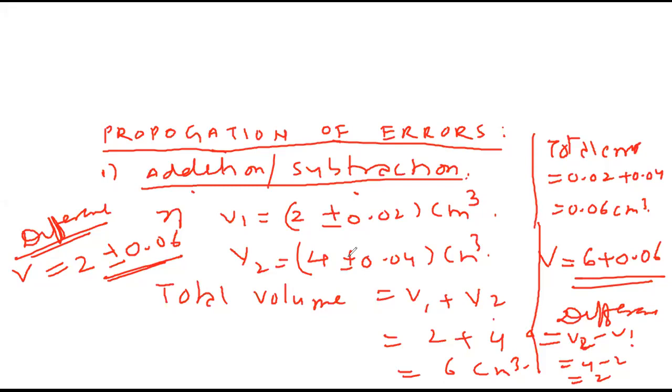So V should be equal to 6 plus minus 0.06, right? What do you say? V should be equal to 6 plus minus 0.06 or just plus? No, plus minus. Everywhere the format should remain the same: plus minus, plus minus, plus minus.